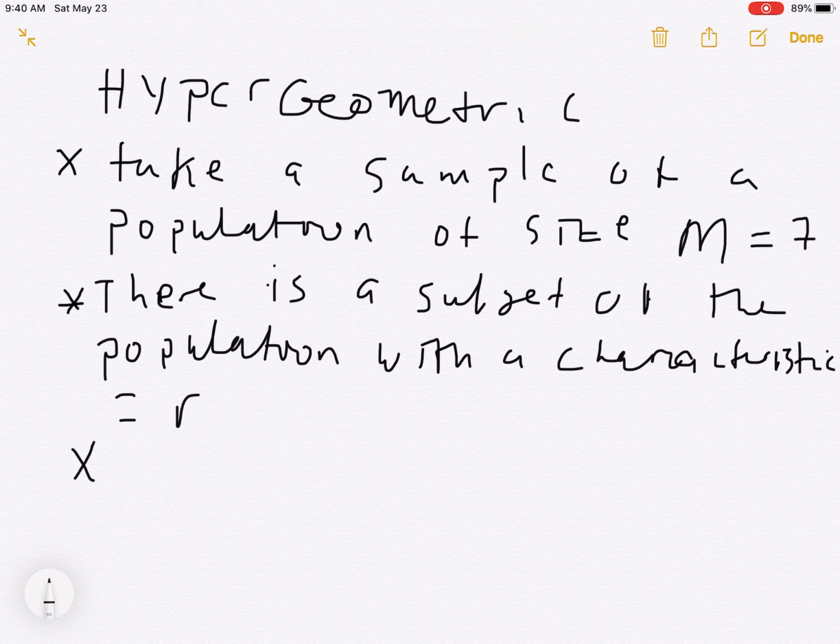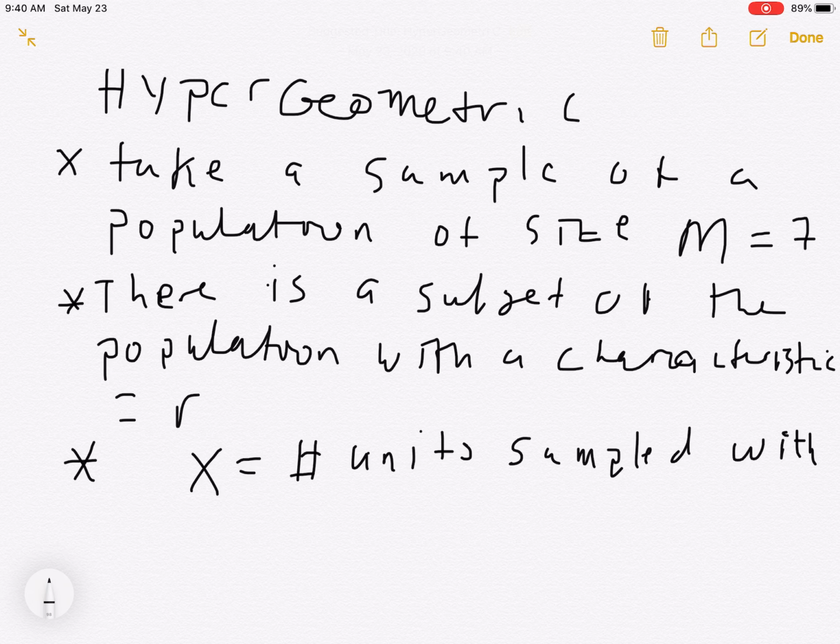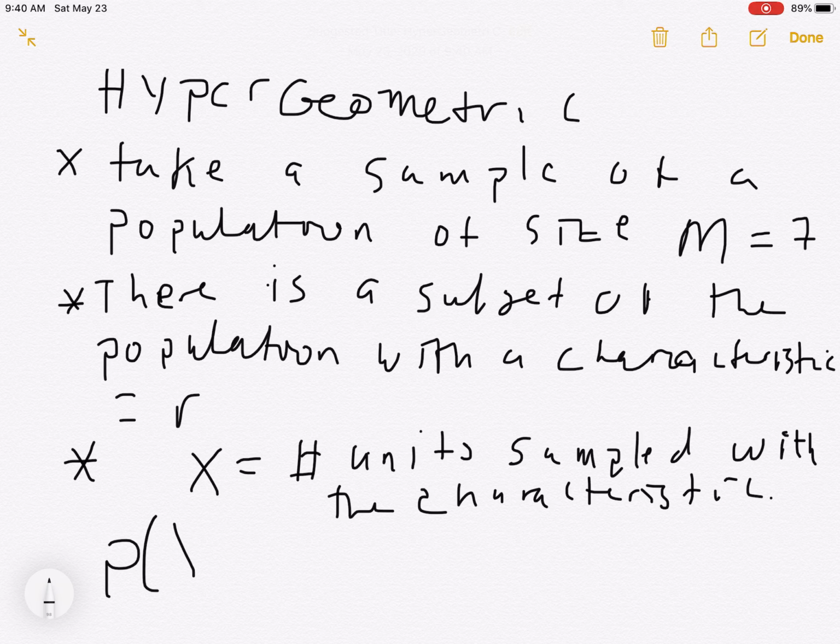And my random variable x is going to be the number of individuals or units sampled with the characteristic. And in this case, I can write down probability x equals little x.